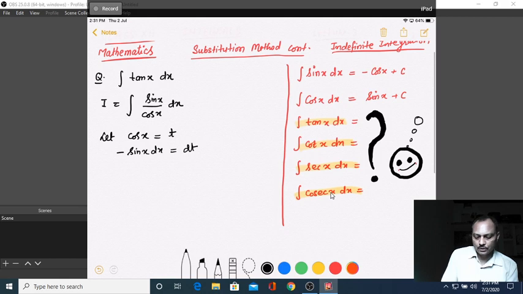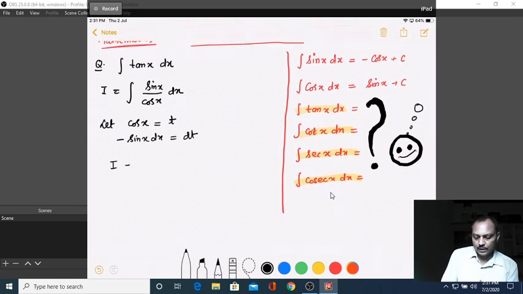Now substitute these values. Sin x dx is minus dt because minus sin x dx equals dt. So in place of sin x dx we can write minus dt, and cos x is t. So here we can write negative of 1 upon t dt.